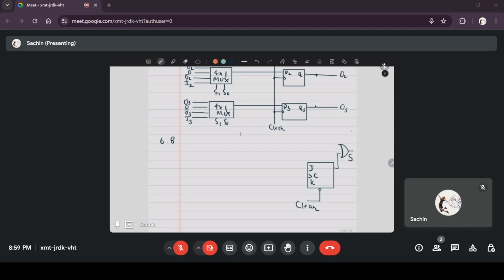This is the sum. So here is the shift register, serial in, serial out.